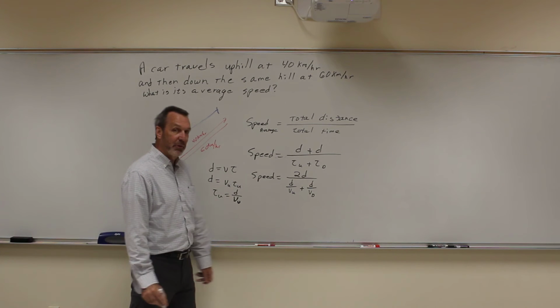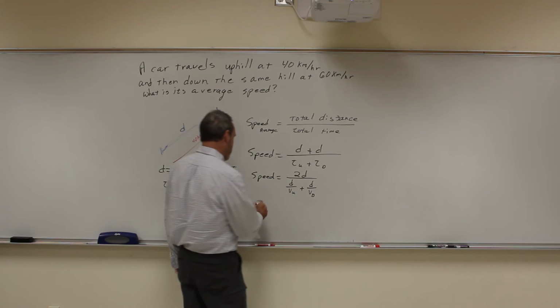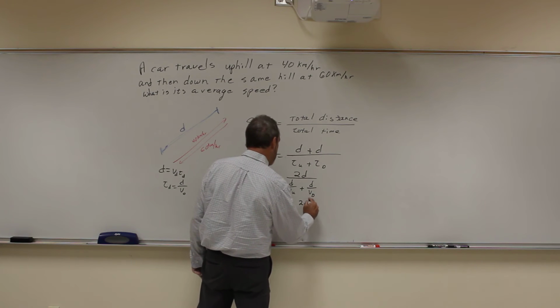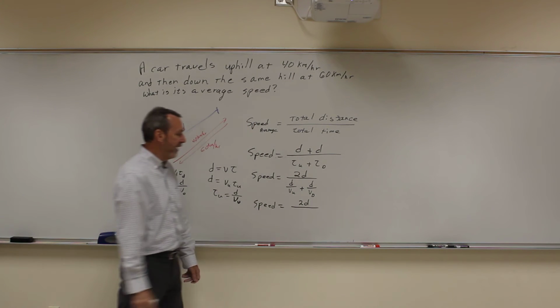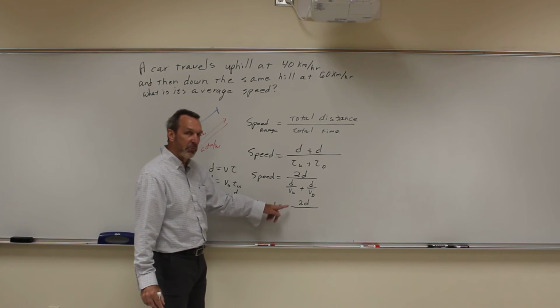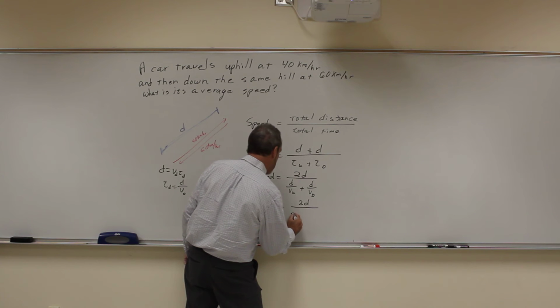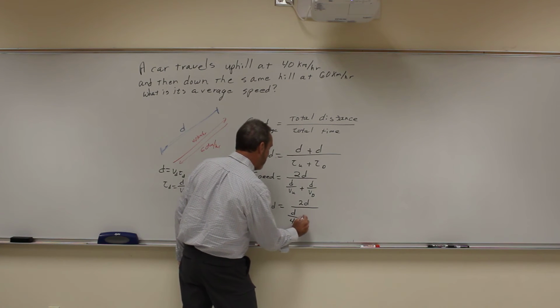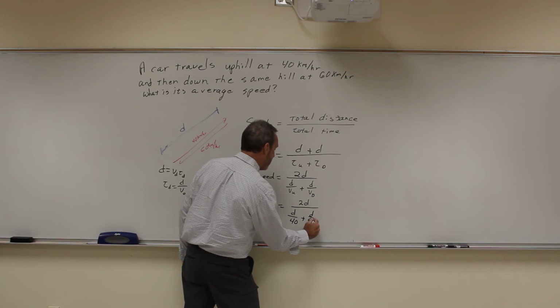Alright, so now we got to do some simplification here. So the speed is going to be equal to 2d, but on the bottom I have fractions, so I have to add the fractions. Well, I'm just going to put the numbers in to make this a little bit easier. So this is d over 40 plus d over 60.